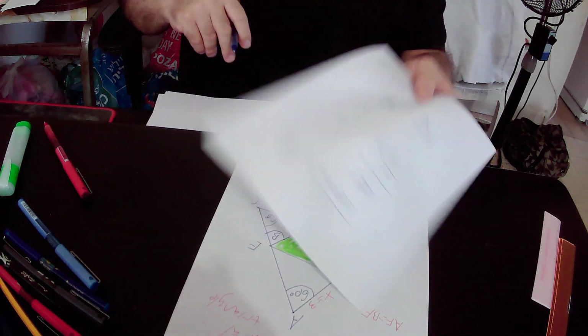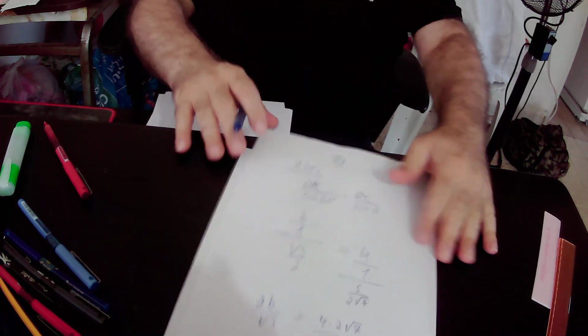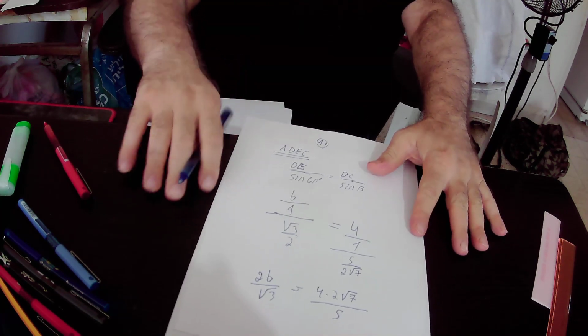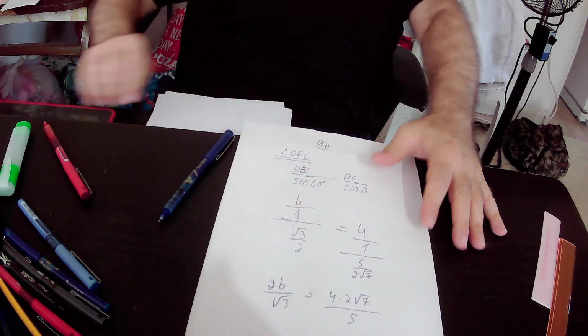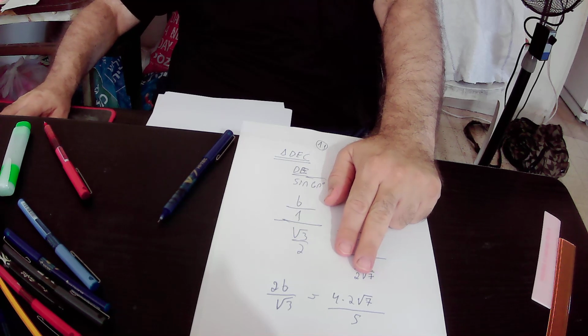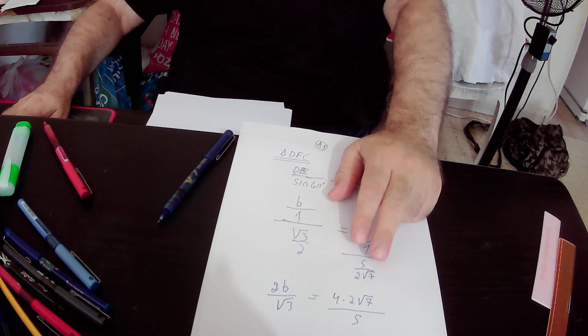In total, we got that 2b over root of 3 equals 4 times 2 times root of 7 over 5.